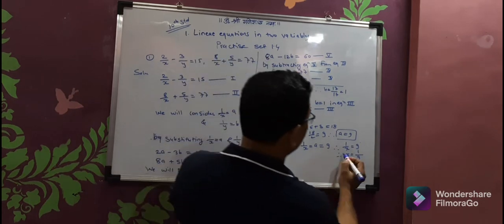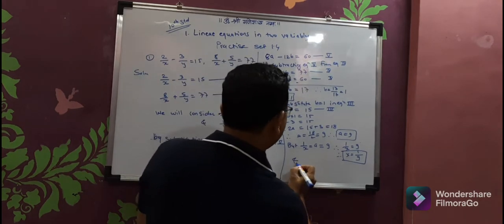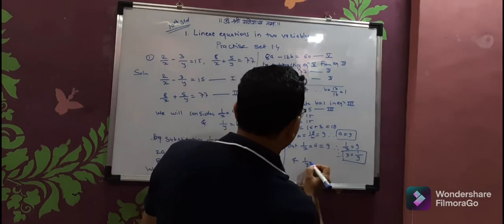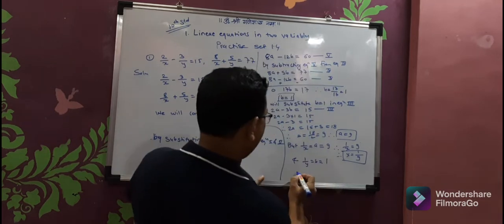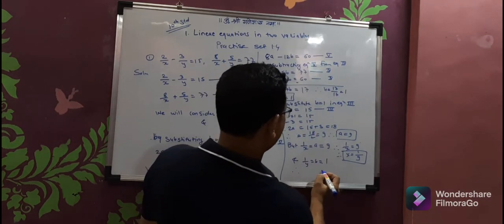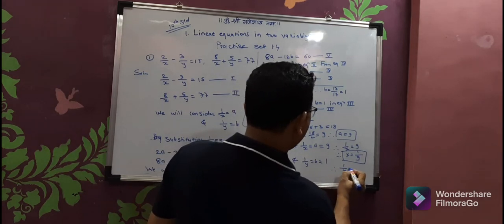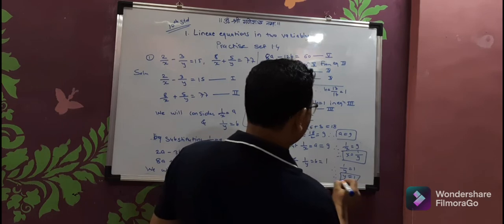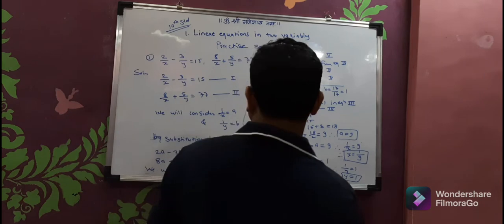And 1 upon y is equal to b, and the value of b is 1. So 1 upon y is equal to 1, so y is equal to 1. So the value of x is 1 upon 9 and y is equal to 1.